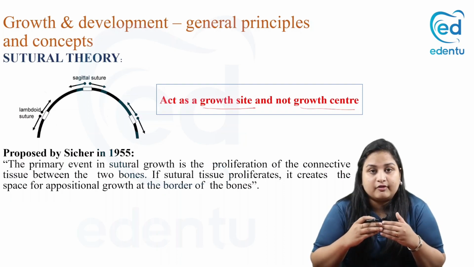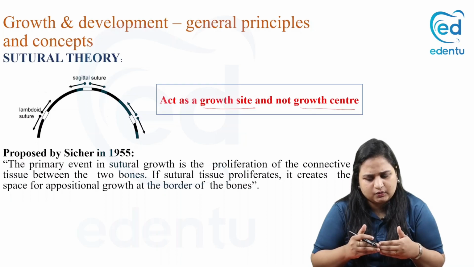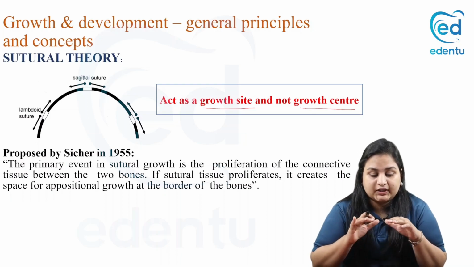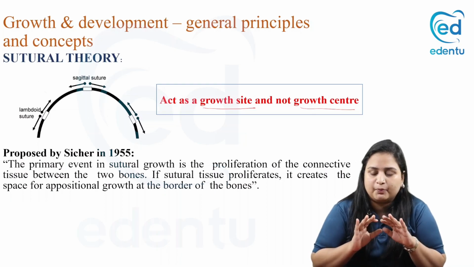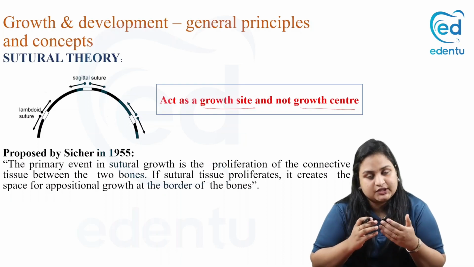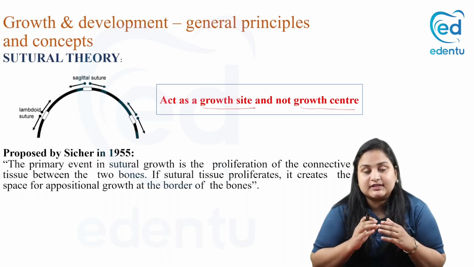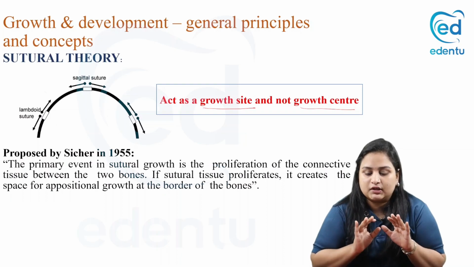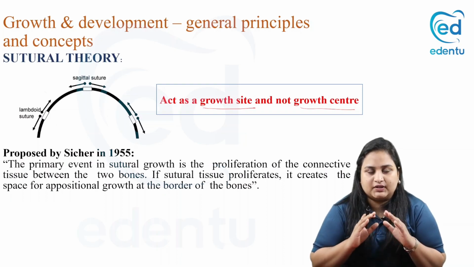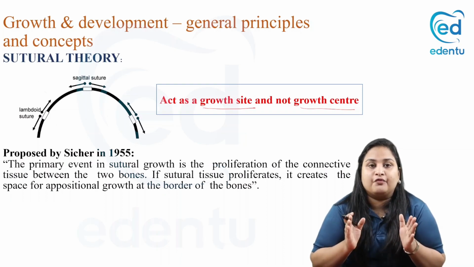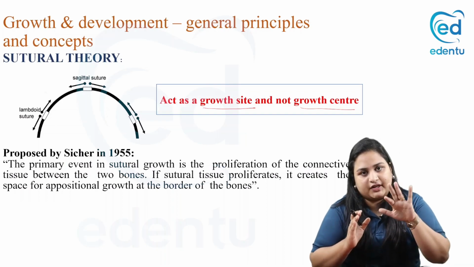The primary event in sutural growth is a proliferation of the connective tissue between the two bones. If the sutural tissue proliferates, it creates a space for appositional growth at the borders of the bone. So it just means that the two bones fuse together due to the proliferation of the suture present between them.